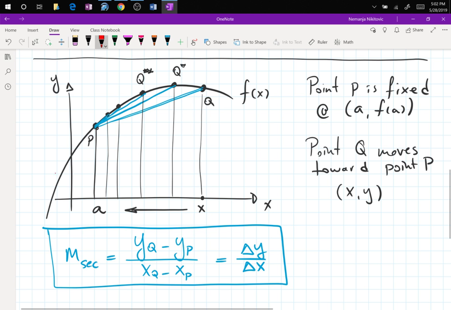Now, there's going to be a line with a slope there as well, this red one. And then when the Q passes by to the other side, we will continue with blue lines again.